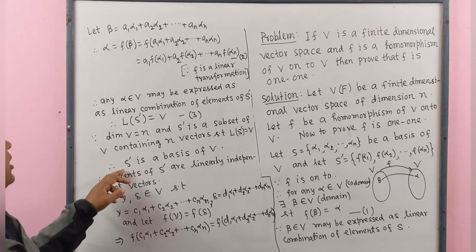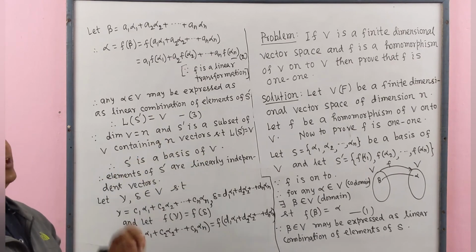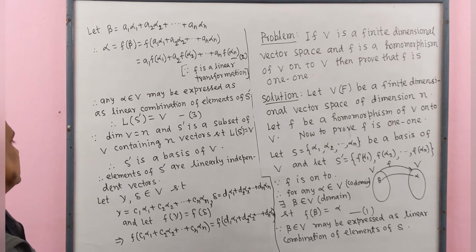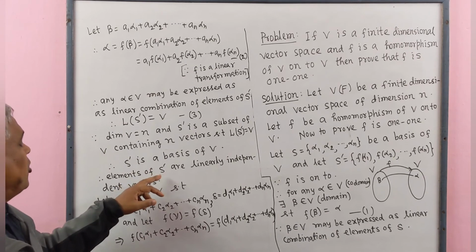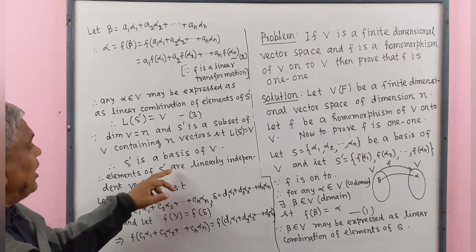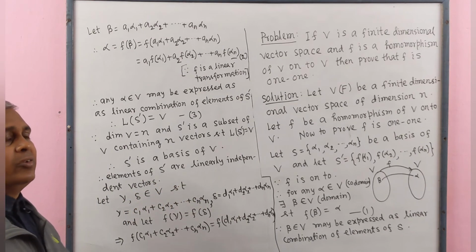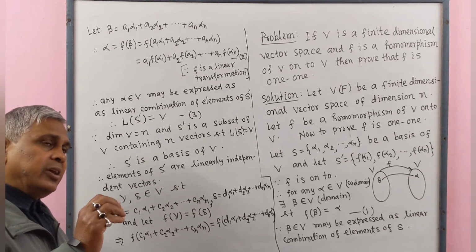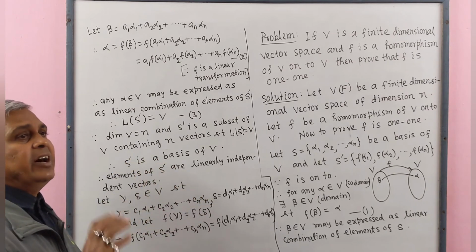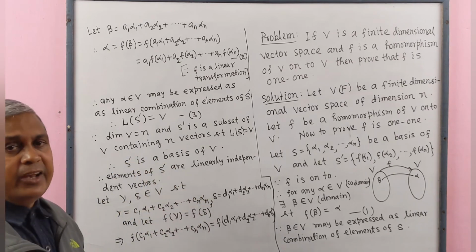Therefore S prime is a basis of V. Therefore elements of S prime are linearly independent vectors. Means elements of the basis are linearly independent vectors.